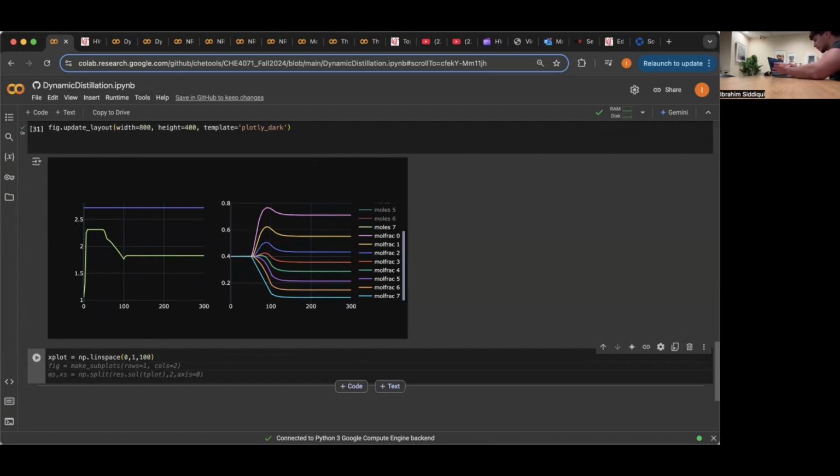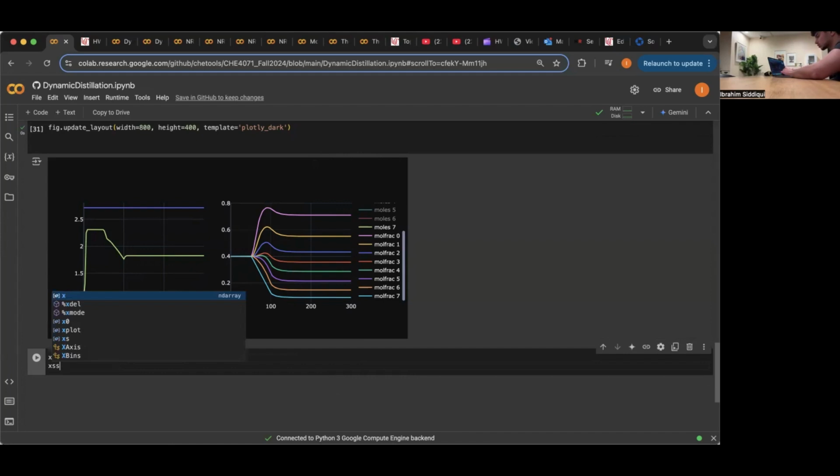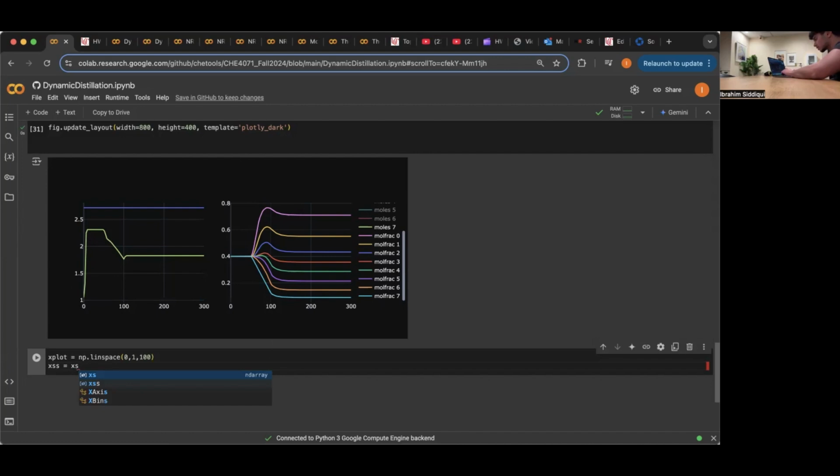I know there's a lot of x's and y's that we're dealing with here, but in this case, we're going to be setting this equal to xss just to differ from what we defined earlier as x's. So our xss in this case are going to be equal to our x's, and this array is going to be from all those values on our left-hand side to -1. Go ahead and do that.